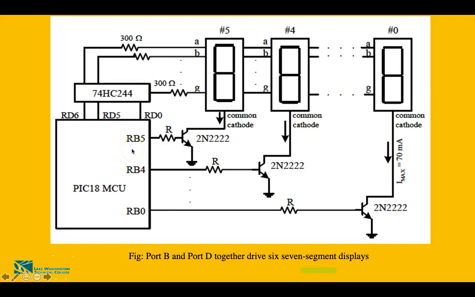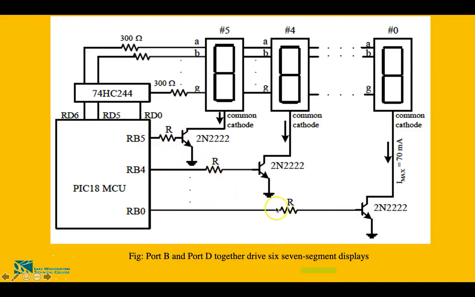This is your port B, starting from RB0 to RB5, and starting from RD0 to RD6 is your port D. You see how port B and port D together are driving the 6 7-segment displays, and you can see this is the circuit.